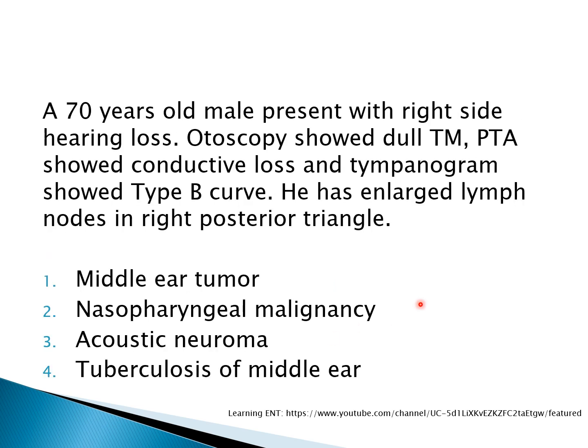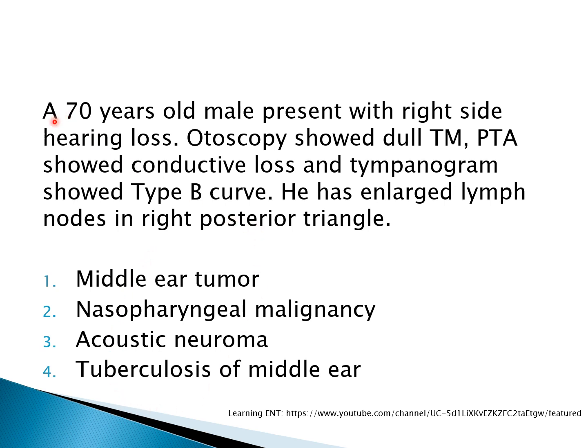Another question. A 70 year old male patient presented with right side hearing loss. On otoscopic examination, there was a dull tympanic membrane. Audiogram showed conductive loss, and tympanogram showed type B curve. He also has enlarged nodes in the right posterior triangle. So what is the most probable diagnosis out of these four?